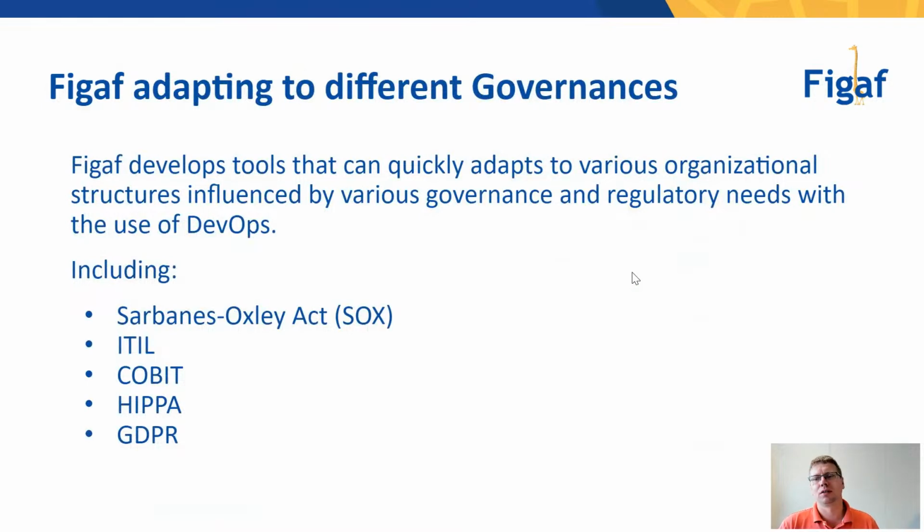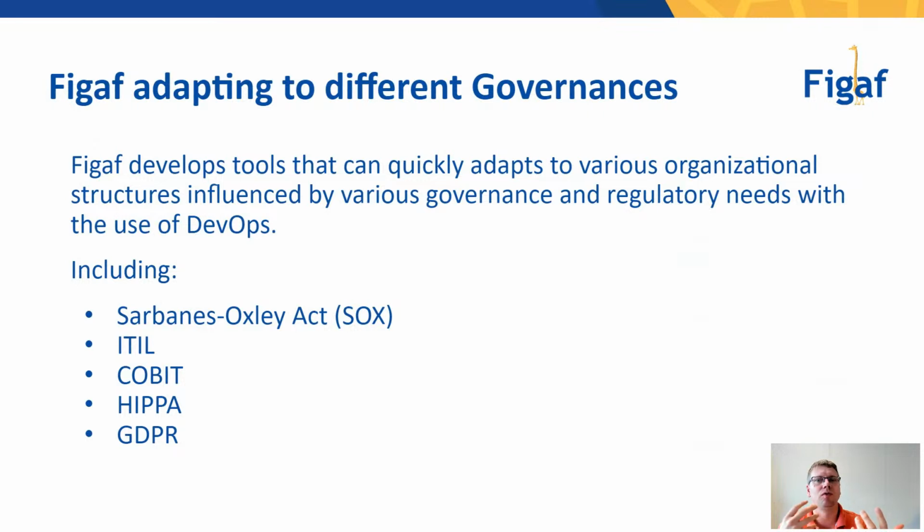So one of the challenges that a lot of customers face is that they need to follow some of these different guidances and governance models. This could be Sarbanes-Oxley. If you're registered on the New York Stock Exchange, then you need to follow this as a best practice.